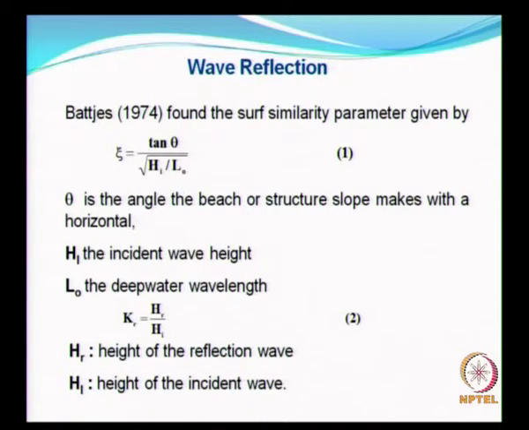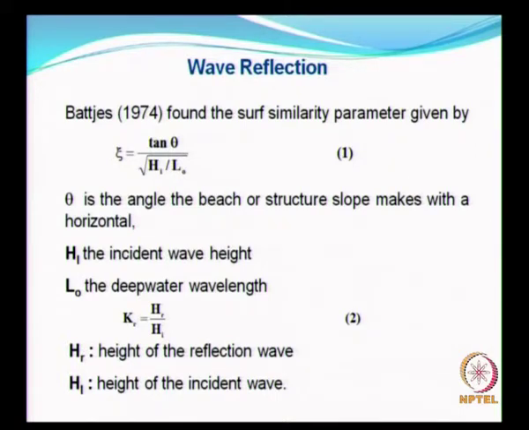Battjes in 1974 introduced a parameter called the surf similarity parameter, given as a ratio of the beach slope to the wave steepness. Here Hi is the incident wave height, L0 is the deep water wavelength, and we are looking at Kr.